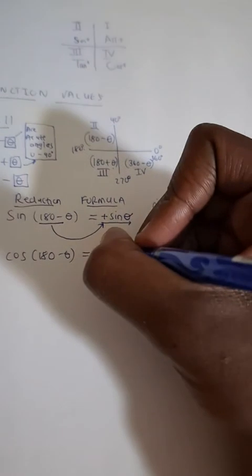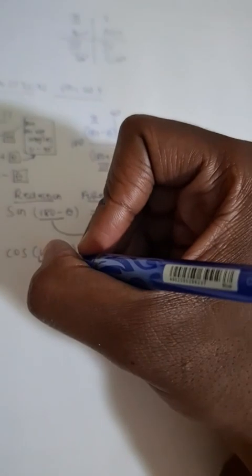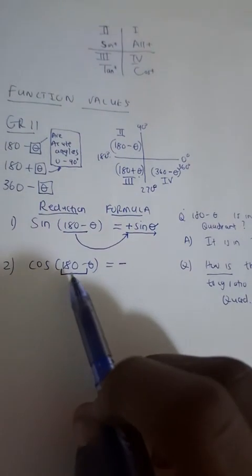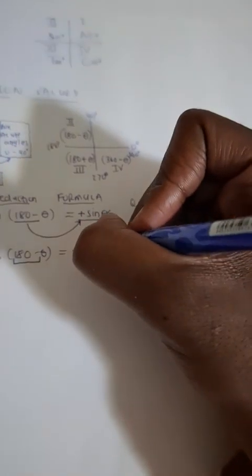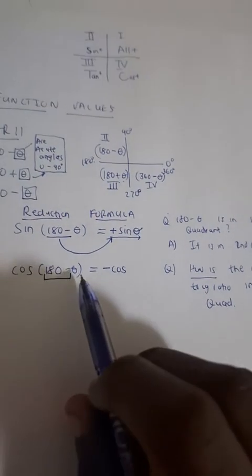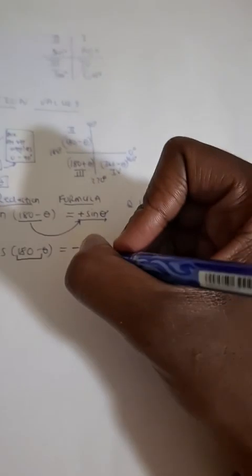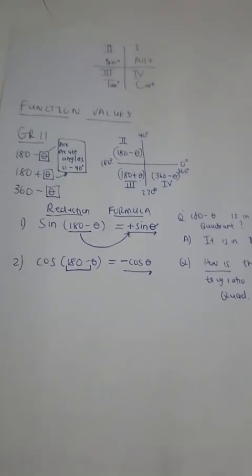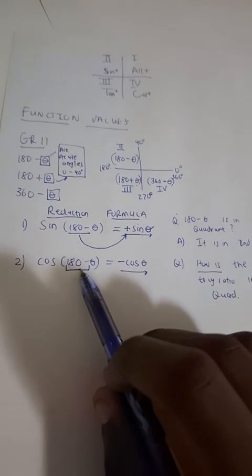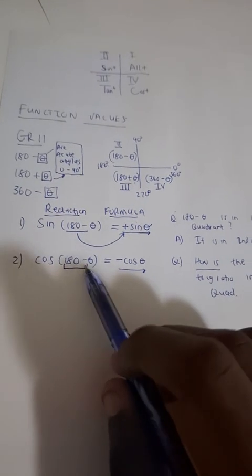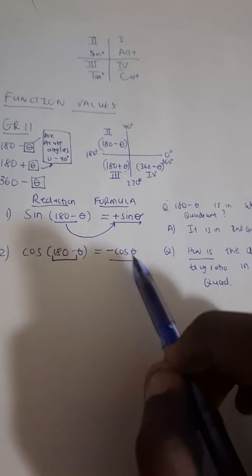And all of you are saying it is negative. As a result, because it is negative, 180 minus falls away. We take the trig ratio cos, and then we take its acute angle, which is theta. So therefore our answer is negative cos theta. That's how we reduce the function value 180 minus theta to its acute trig ratio.